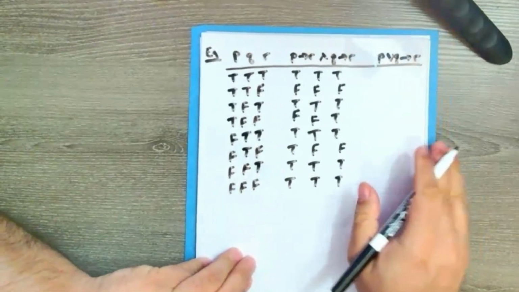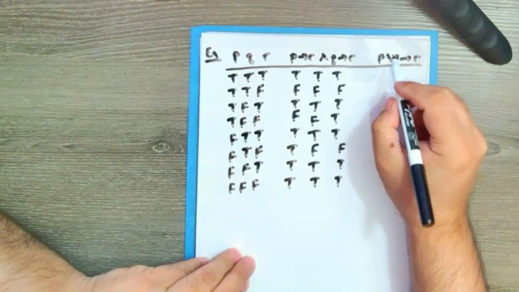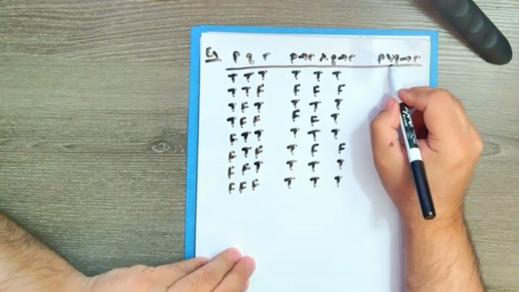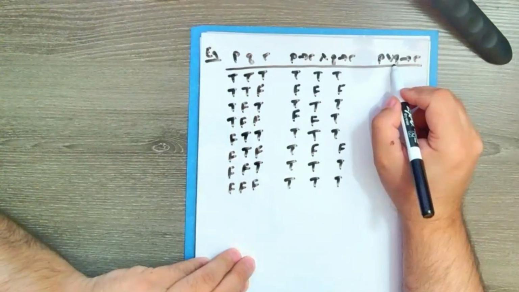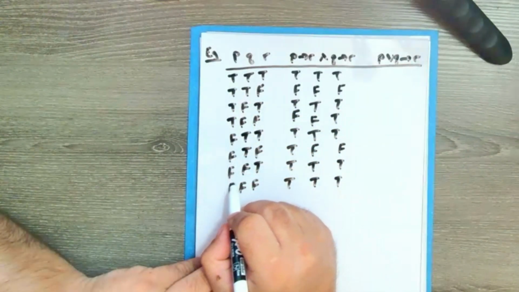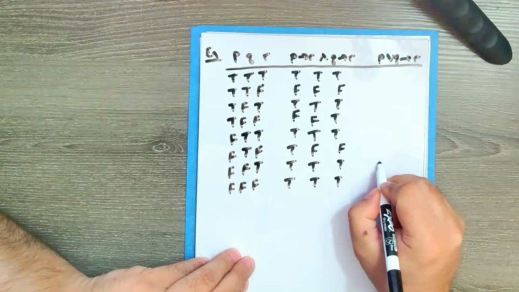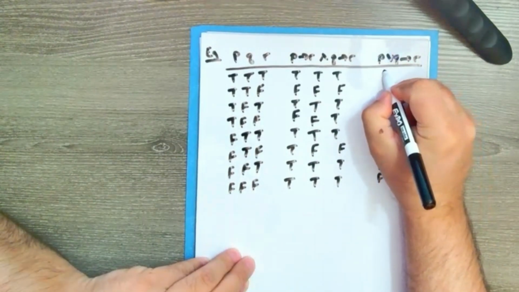So now we look at the second statement, P or Q. This statement is false when both P and Q are false. And is true in all other cases.